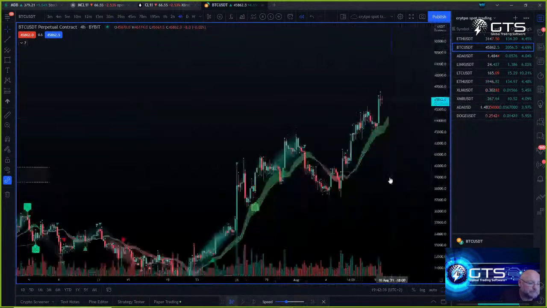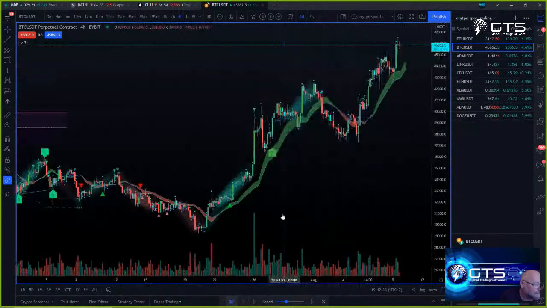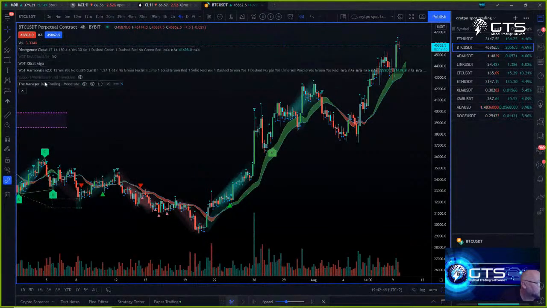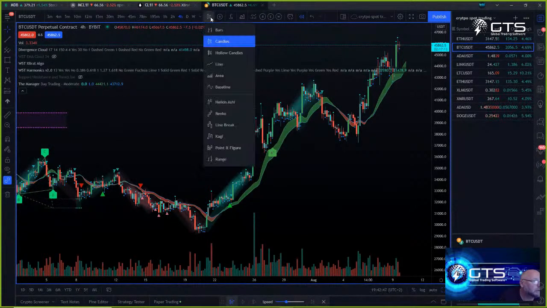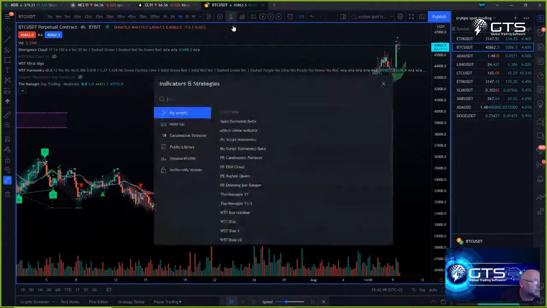So do I put Elliott wave on there? I don't think I've got it on there, but I can put it on because we probably want to use Elliott wave on a 4 hour chart. So bear with me.